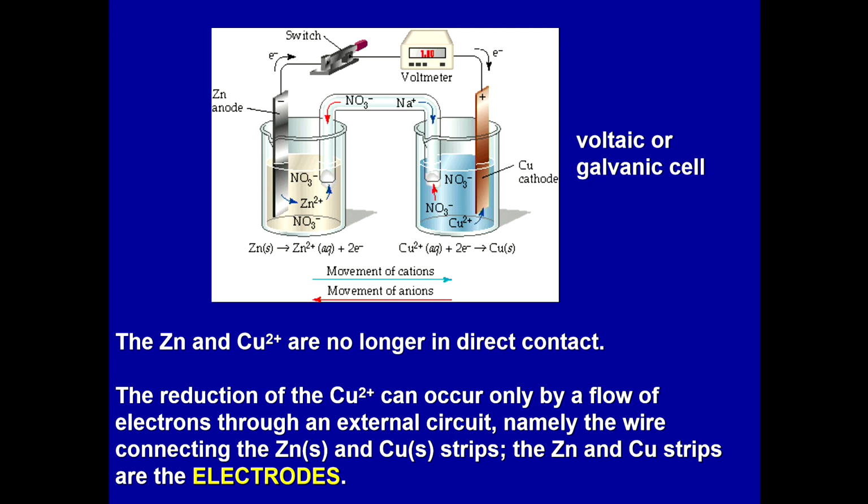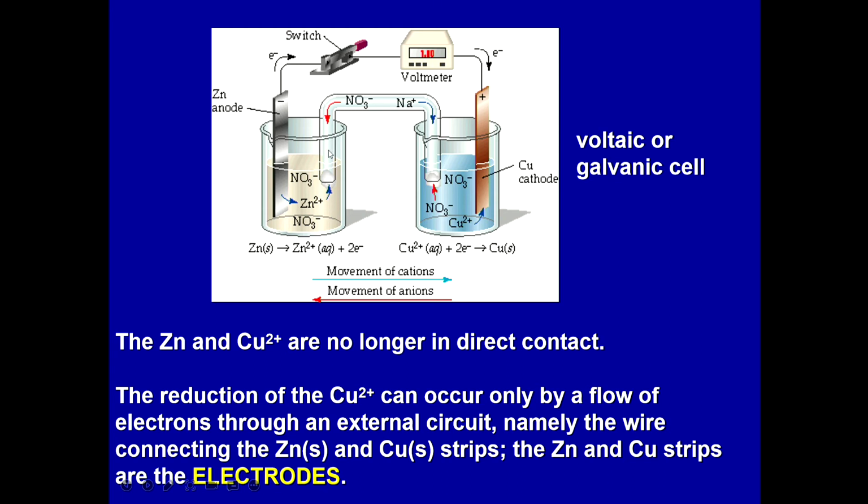So in this reaction, the zinc loses electrons to become zinc cation, and then the lost electrons are moved from this side to this side. The copper cation in solution will get these electrons and become copper solid.